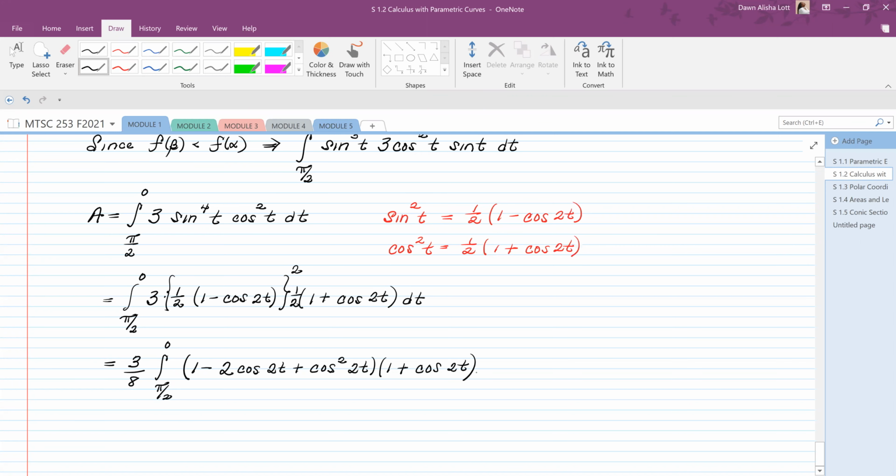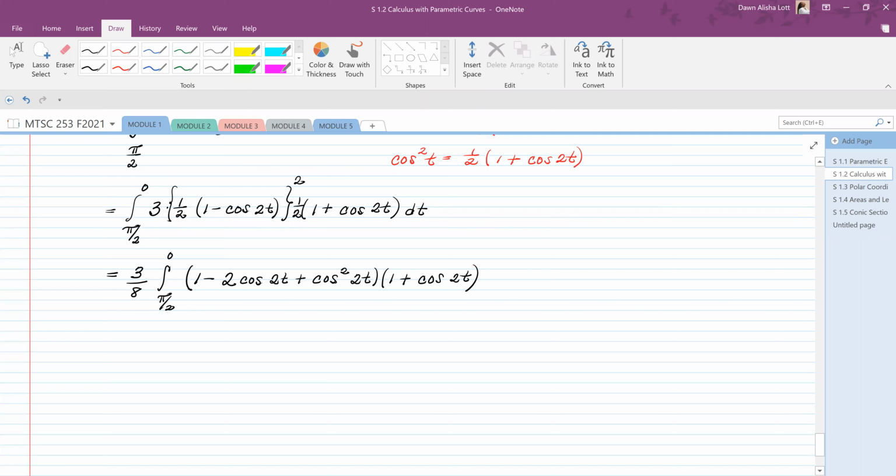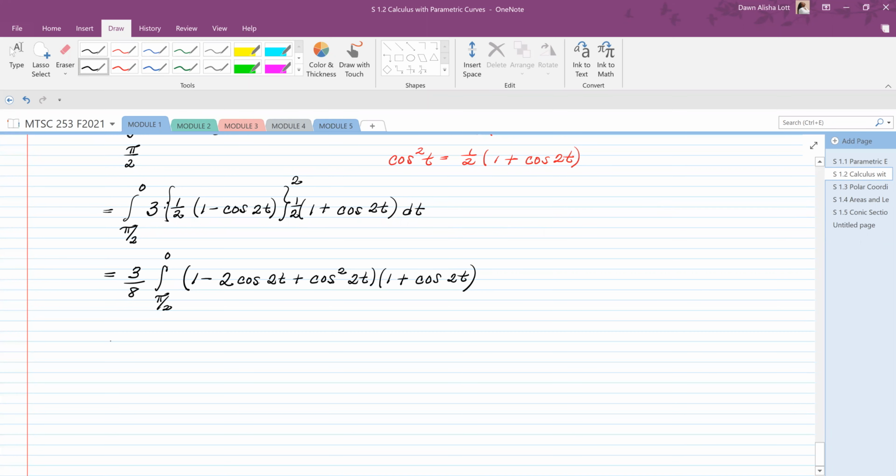Oh, this is a bear. We're not going to finish this right now because I'll be here all day. This is 3/8, the integral from 0 to pi over 2 to 0. Actually, I'm tired of that. Let's put a negative in front. Negative the integral from 0 to pi over 2. Okay, there we go. So now I'm going to get 1 minus 2 cosine 2t plus cosine squared of 2t.